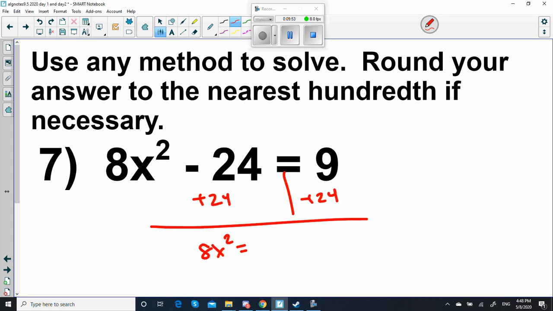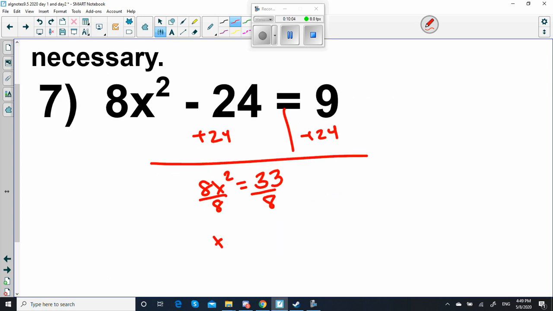8x squared equals 33. Let me check that. 24 plus 9. Yep. All right, then I'm dividing by 8. So x squared equals 33 divided by 8. That gives me 4.125. Now I'm taking the square root.